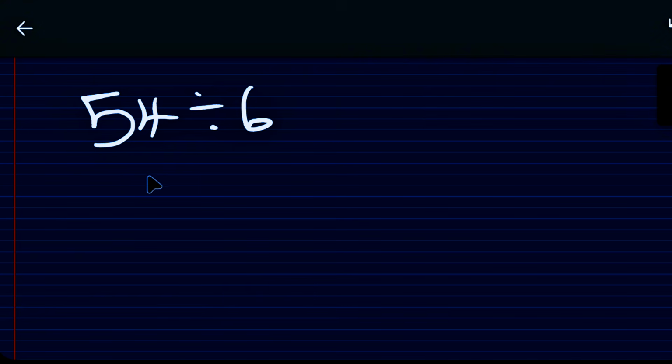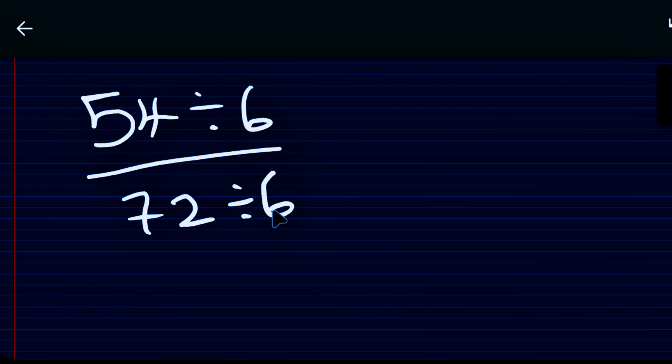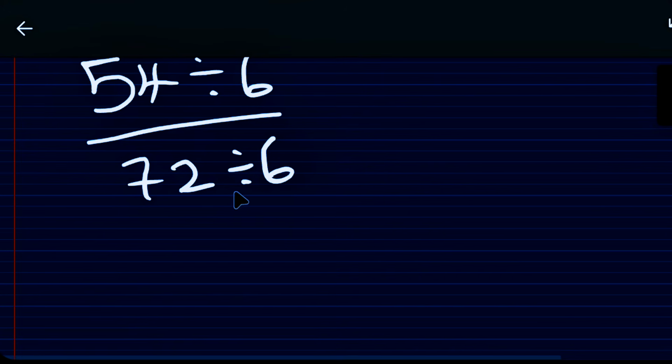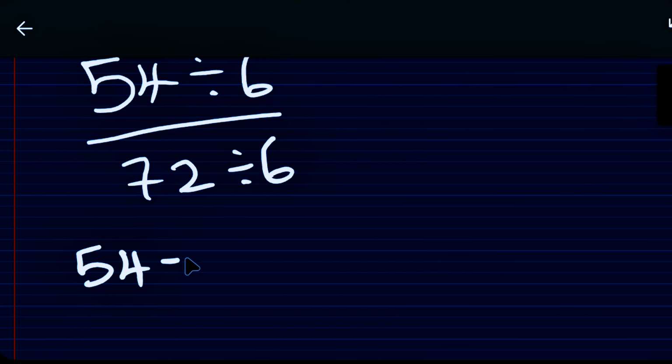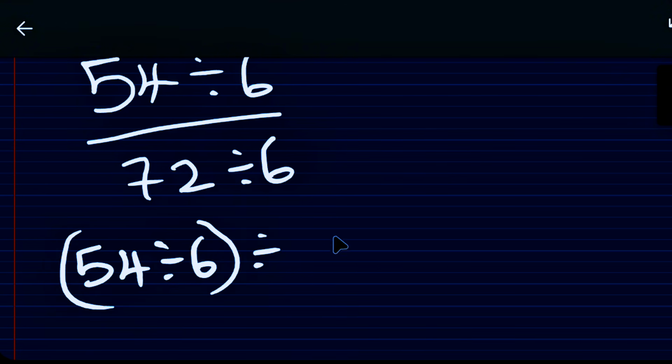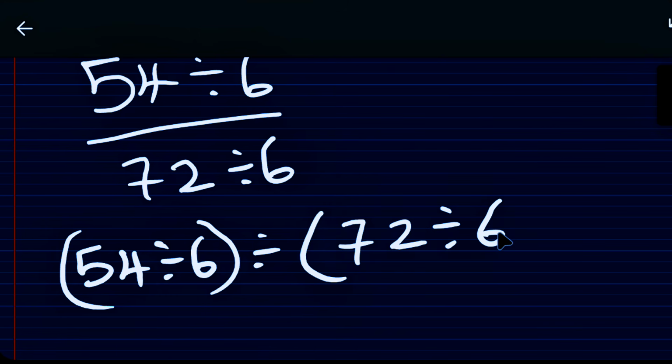Now let me show you a very simple way to solve this particular expression, which is 54 divided by 6, then divided by 72 divided by 6. Okay, now from here we are going to rewrite this as 54 divided by 6, then we'll put this in parentheses. Then this division sign here will be divided by open parentheses 72 divided by 6.